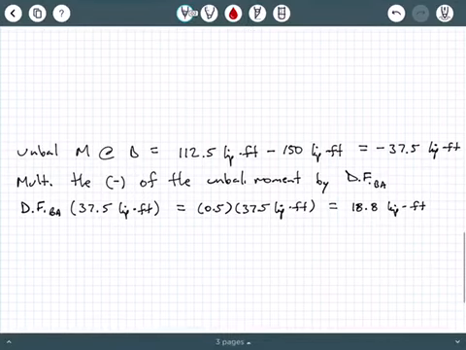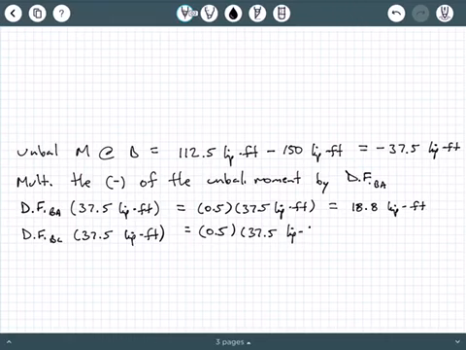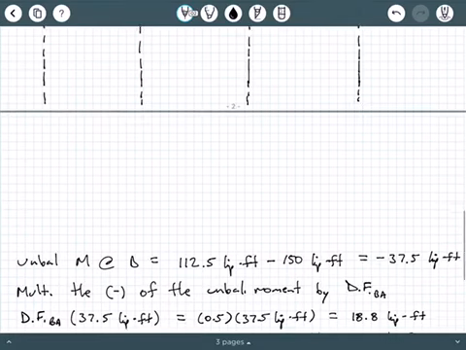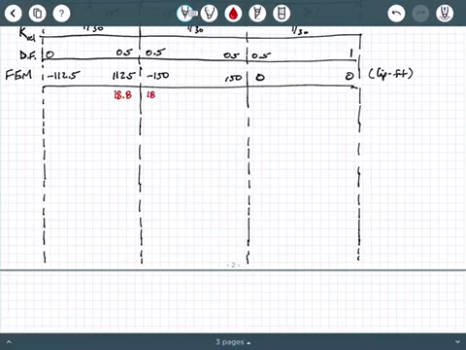Almost. The next thing we need to do is we need to put an 18.8 somewhere else. We need to then say distribution factor BC times 37.5 kip feet, which is the 0.5 on the BC side times 37.5 kip feet. And this also happens to be 18.8 kip feet. Okay, so 18.8 also goes here, 18.8.